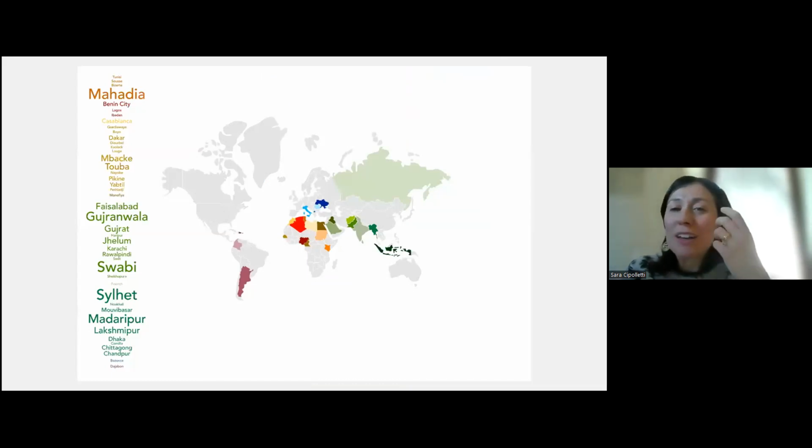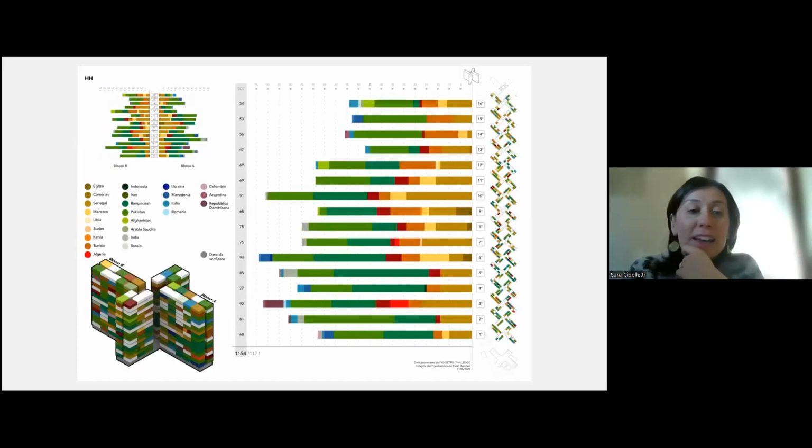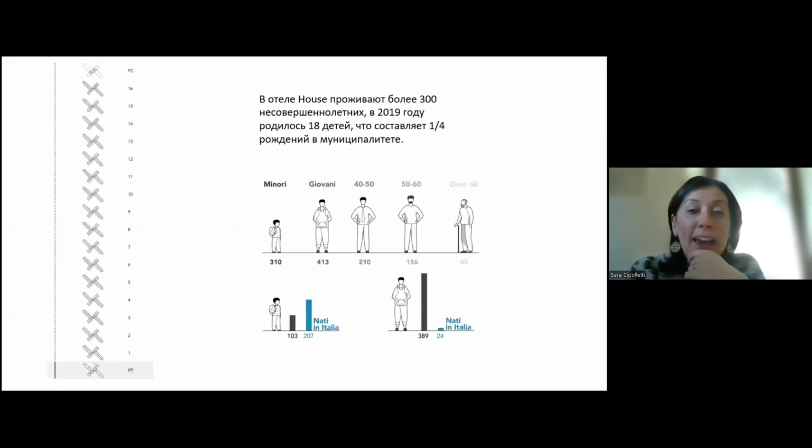Now we call it a world house. Now it's a world building, because inside there are more than 30 ethnicities in the world, from China, from Africa, from Asia, and so on. And inside this building live more than 300 minors in poor conditions, and in conditions that are not completely safe for them.